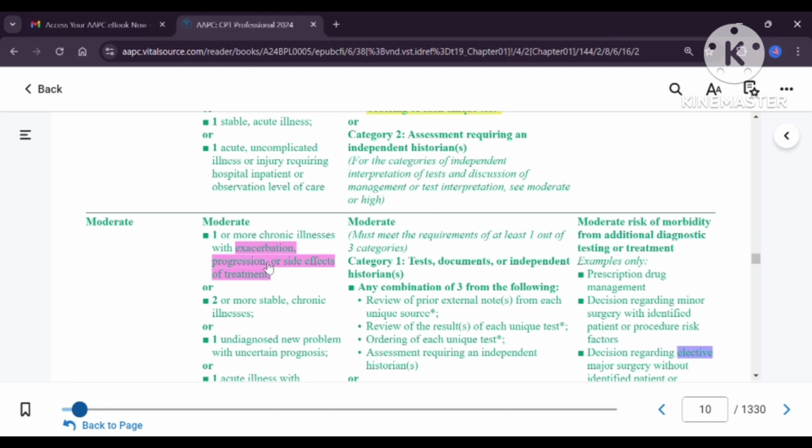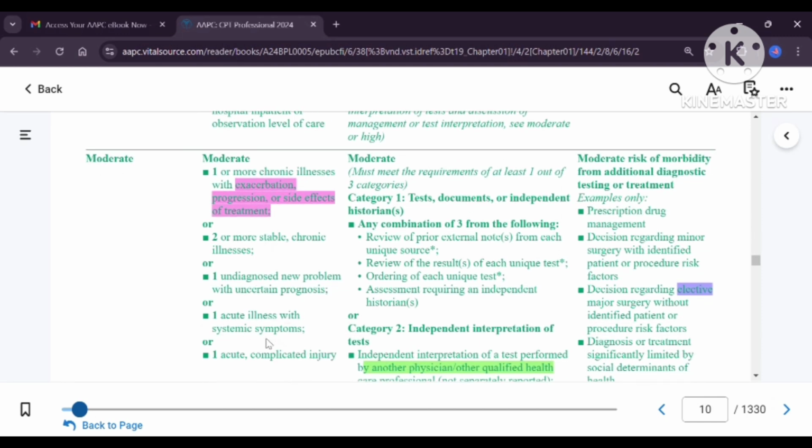Mass means there is some growth. I don't know what that mass will be. It can be a tumor, and that tumor can sometimes be a cancerous tumor or a non-cancerous tumor. So that is uncertain prognosis. I don't know how this disease is going to be, what this disease is. Then I can consider the level of MDM as moderate.